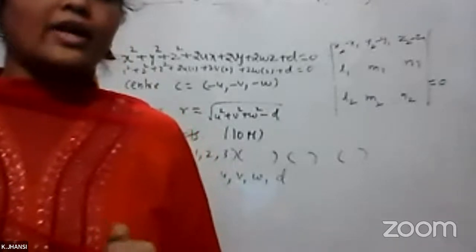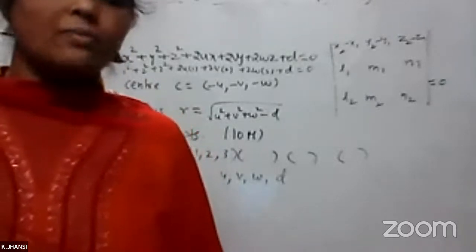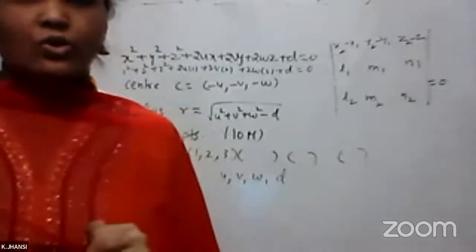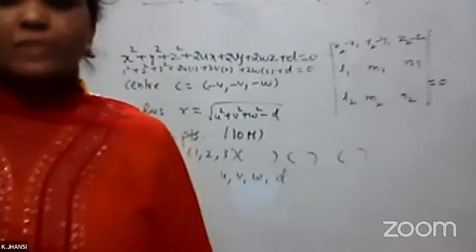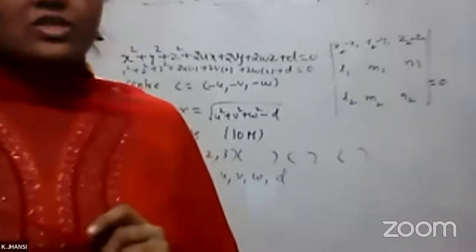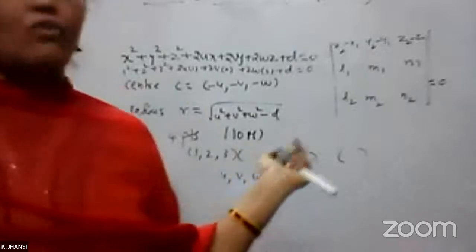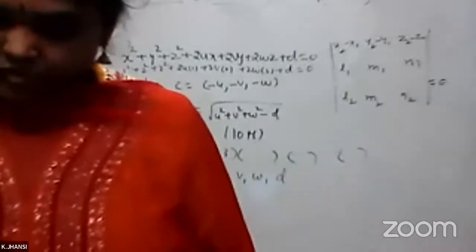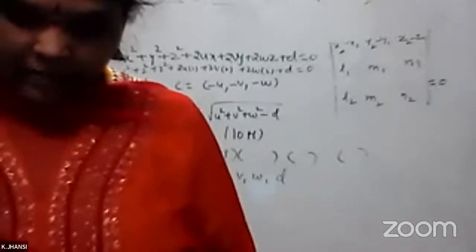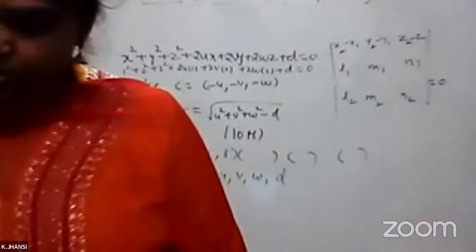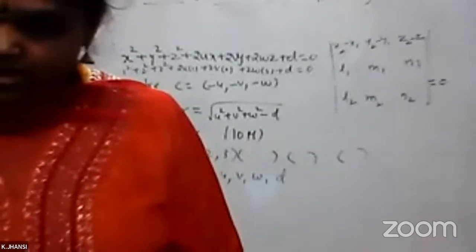S11 means you will write it as x1 square plus y1 square plus z1 square plus 2u x1 plus 2v y1 plus 2w z1 plus d equals 0. From whatever equations are there, you will get the tangent plane and the normal plane here. So this whole 3D depends on the formulas only. So this is about the sphere of unit 8.